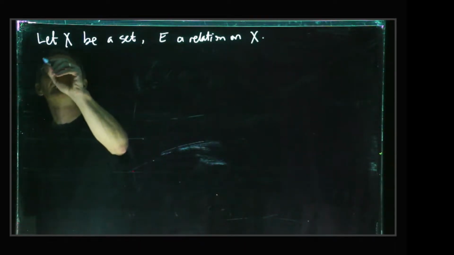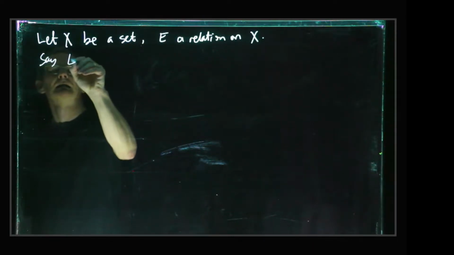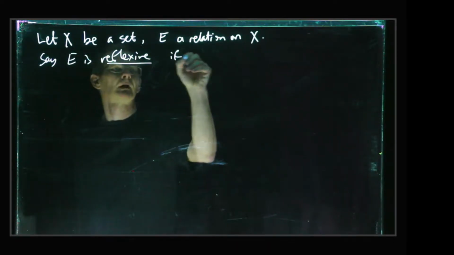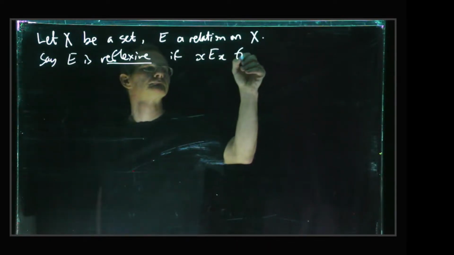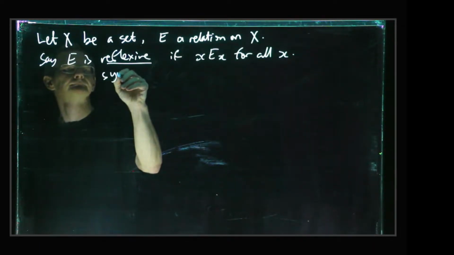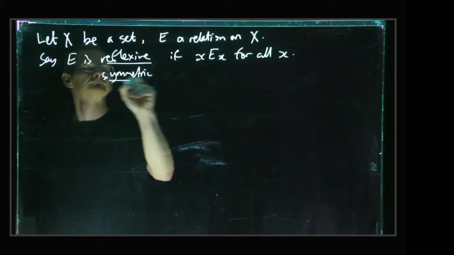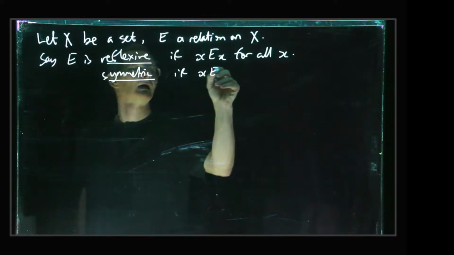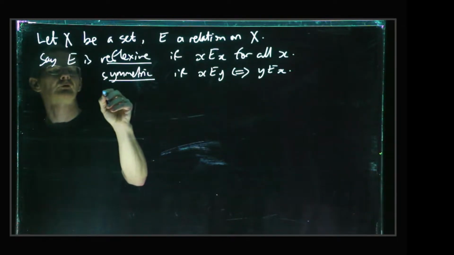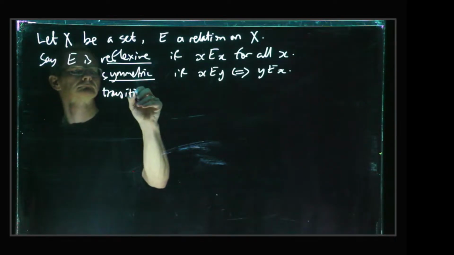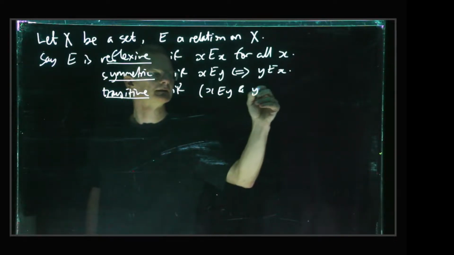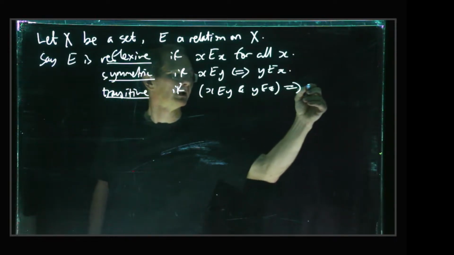Okay, and we remember we say E is reflexive if xEx for all x, symmetric if xEy is equivalent to yEx, and transitive if xEy and yEz implies xEz.